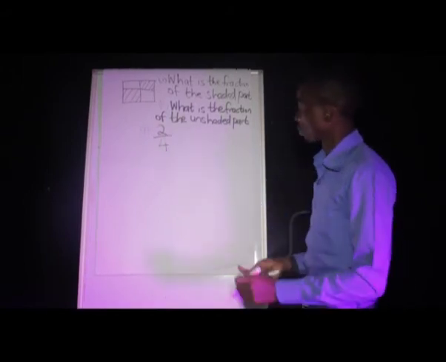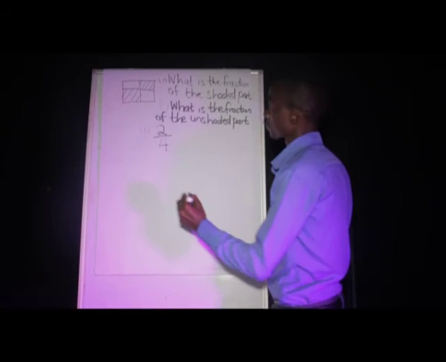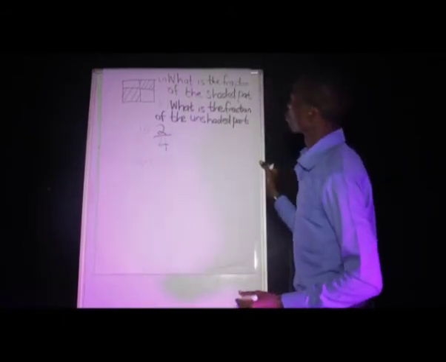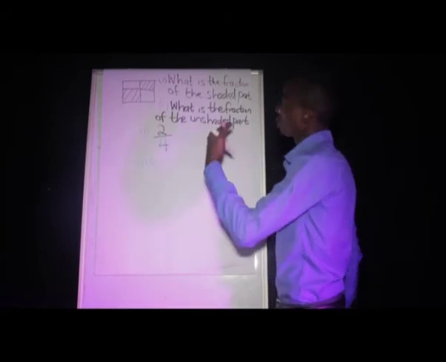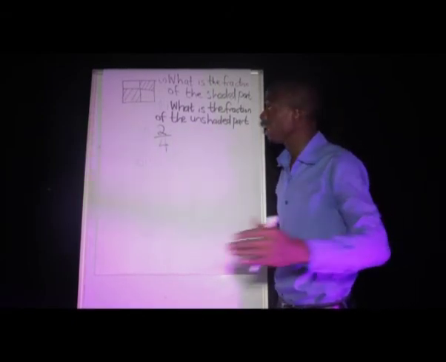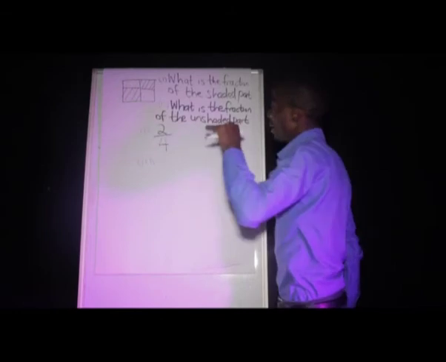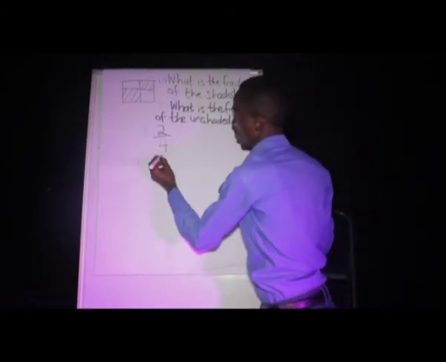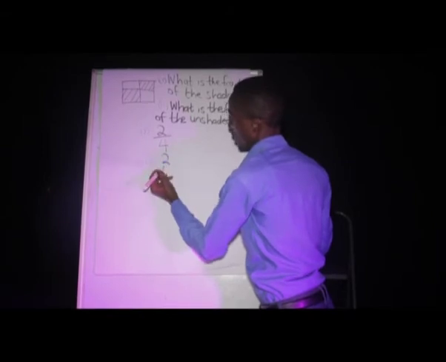Then we come to the fraction of the unshaded part. So, unshaded part, I look at the number of squares which have not been shaded, which is 1 and 2. So the number of squares which have not been shaded become my numerator. So I'm going to have 2 as my numerator.